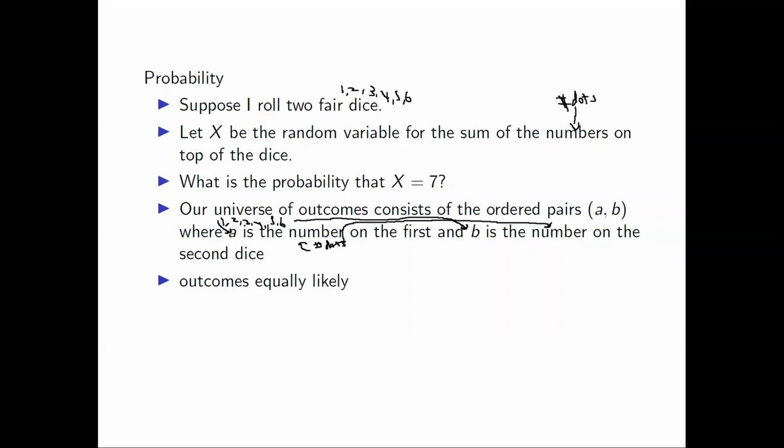And we can look at this, the way that we have defined these outcomes, A comma B. All of the outcomes are equally likely. And we have 6 outcomes for A and 6 outcomes for B. So the number of outcomes we have for A comma B, there's going to be 36 total.